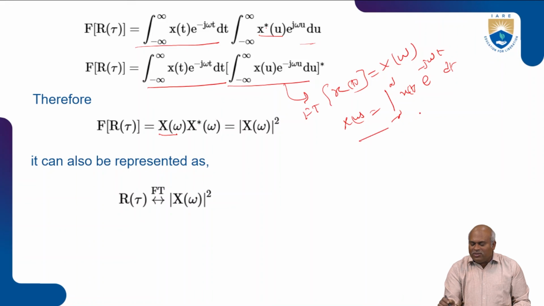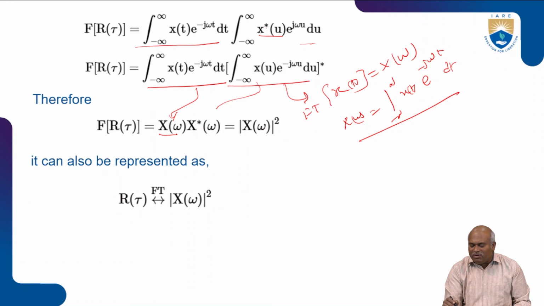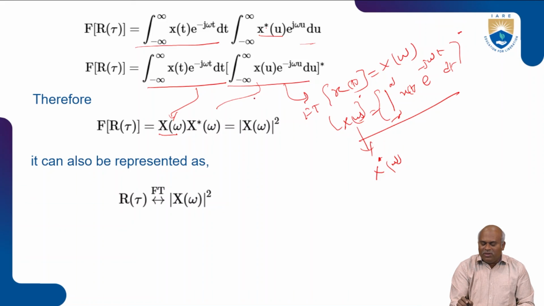Instead of this term I write x of omega, and because this term has the star, I write it as x star of omega, the complex conjugate value. Now the Fourier transform of r of tau is equal to x of omega times x star of omega. This term I write as mod of x of omega whole squared.